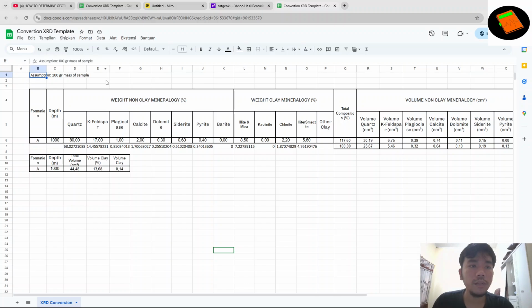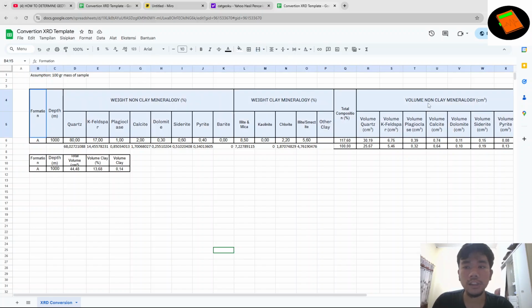As we mentioned before, our assumption is we have a 100 gram mass of sample that we take from coring. In the table, we can see we have formation, depth, weight percent non-clay mineralogy and weight percent clay mineralogy. This is our mineral for non-clay and this is our mineral for clay.